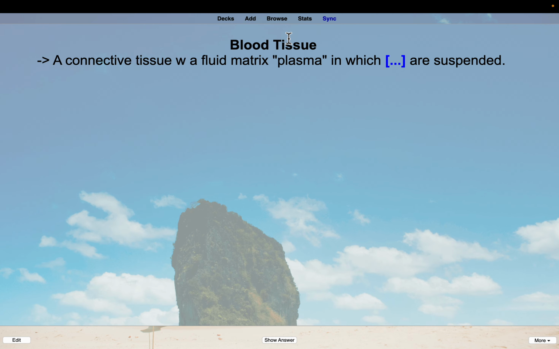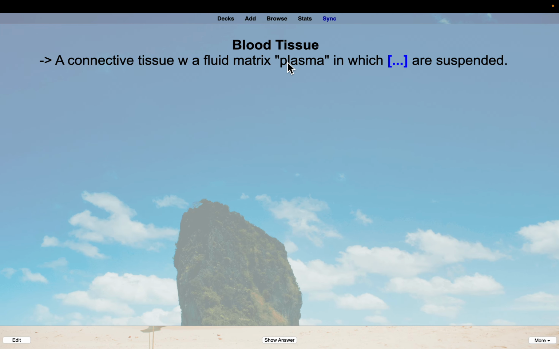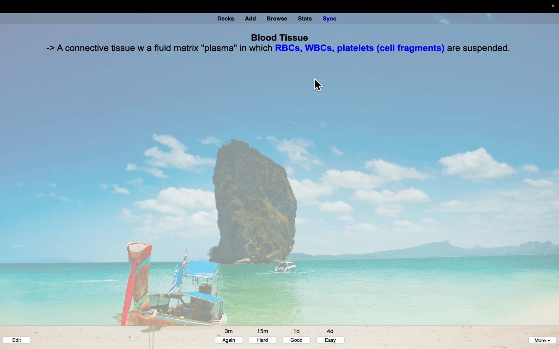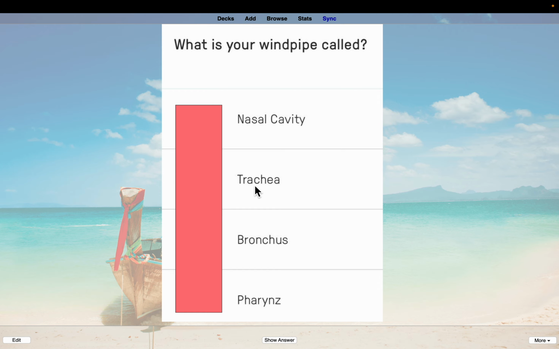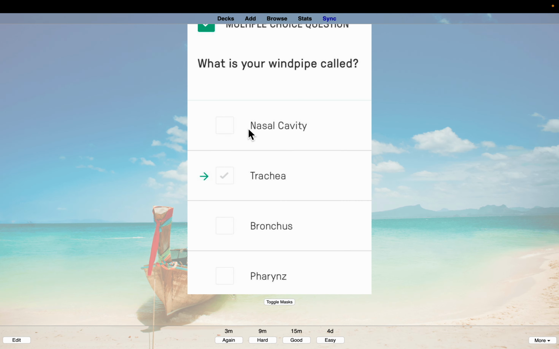Okay. Blood tissue. This is a connective tissue with a fluid matrix, plasma, which has been mentioned earlier. Next. What is your windpipe called? The trachea. This is different from the esophagus, although the location is very close.